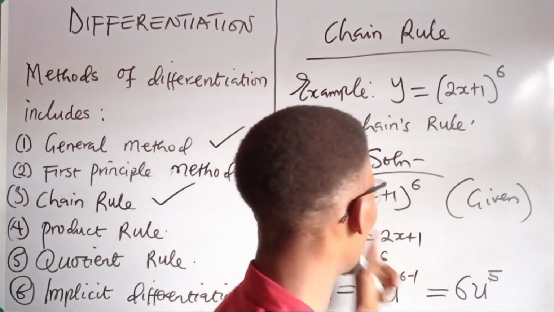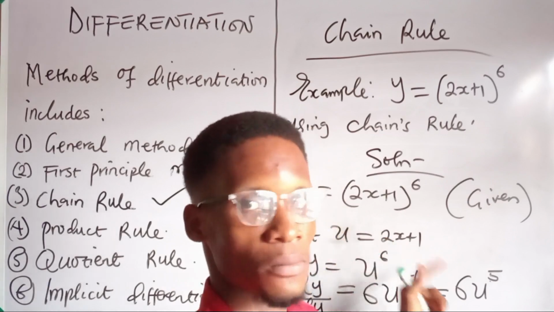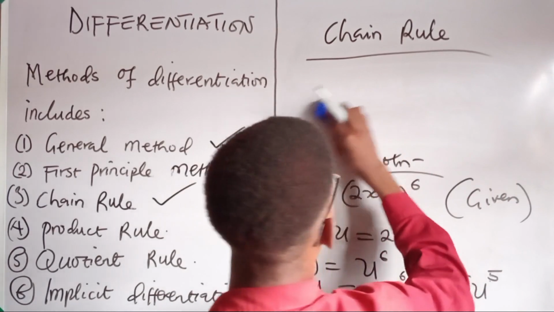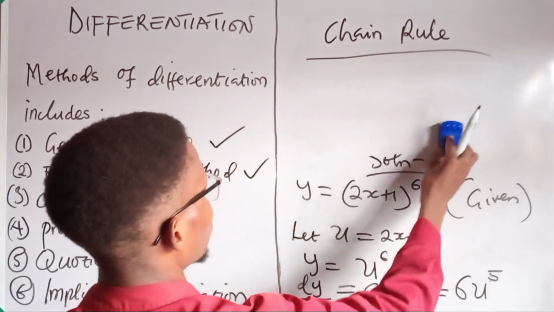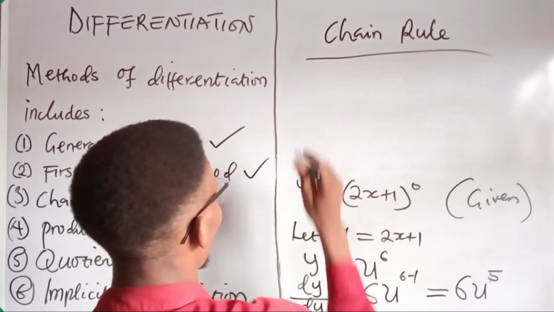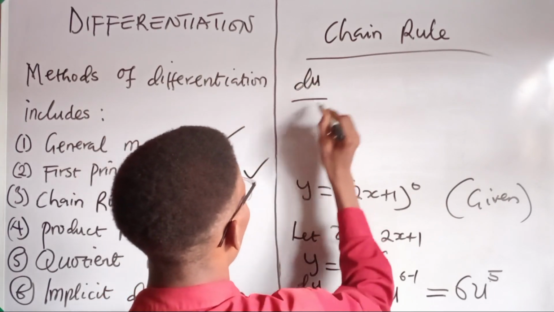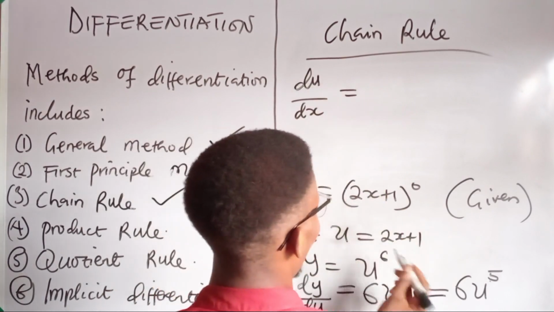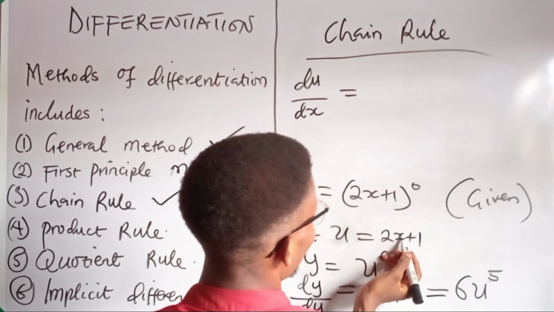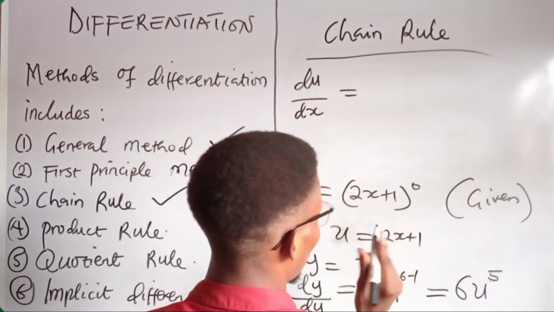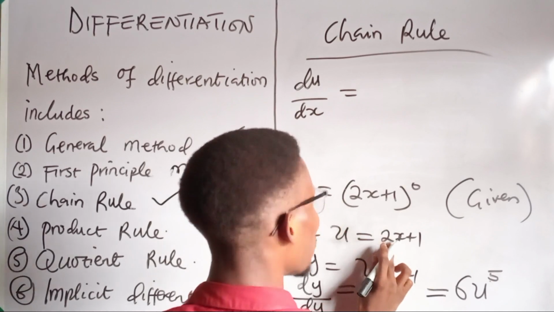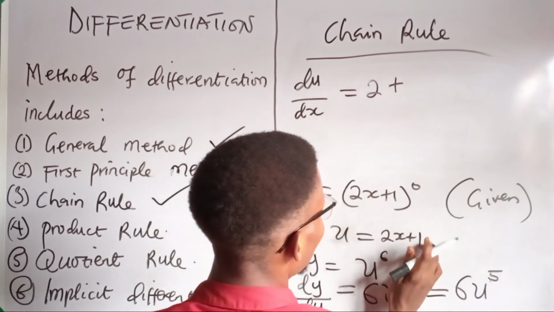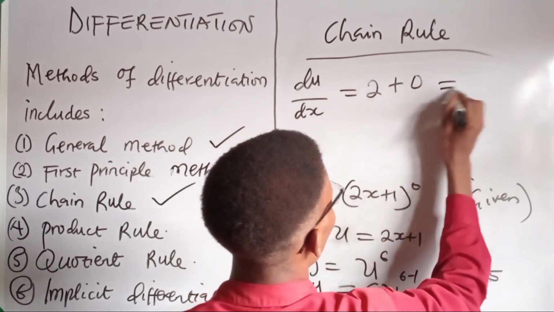Let's solve for du over dx. du over dx is equals to, if we differentiate x here, it's going to give us 1. So 1 multiplied by 2 is 2. Then plus, differentiating a constant is 0.